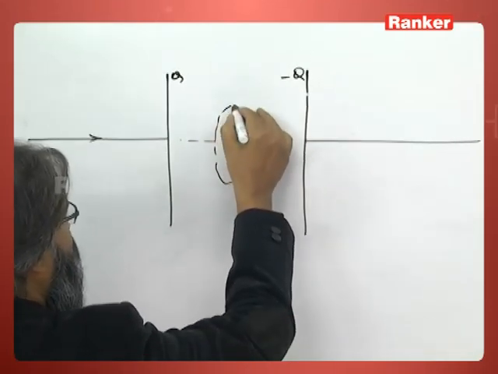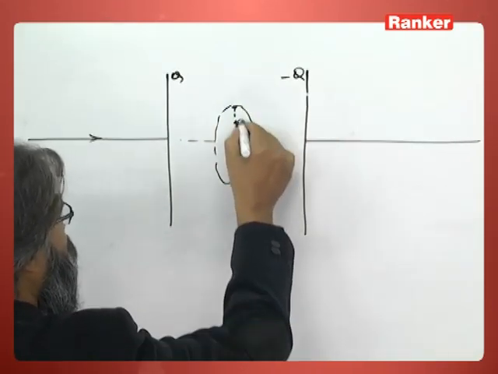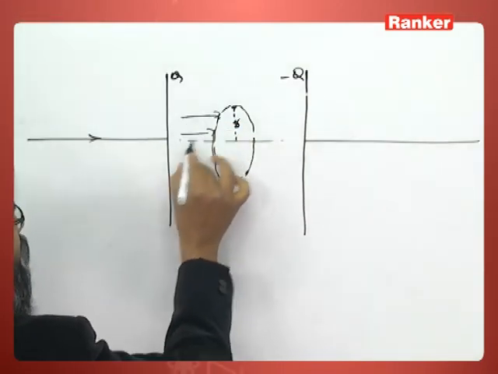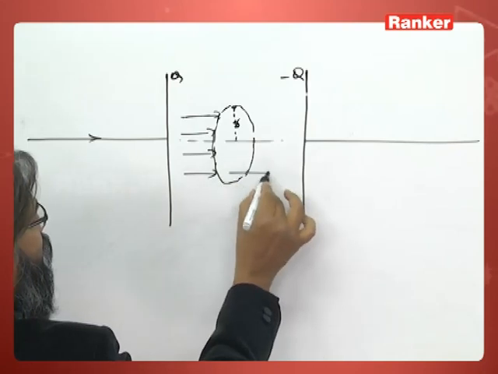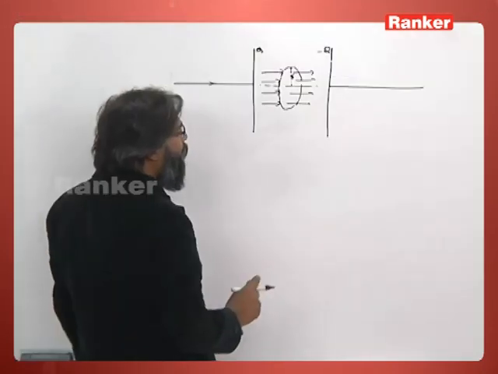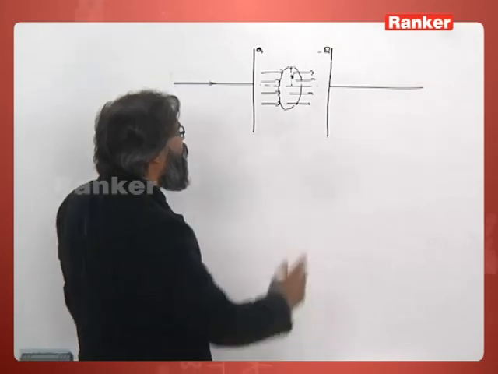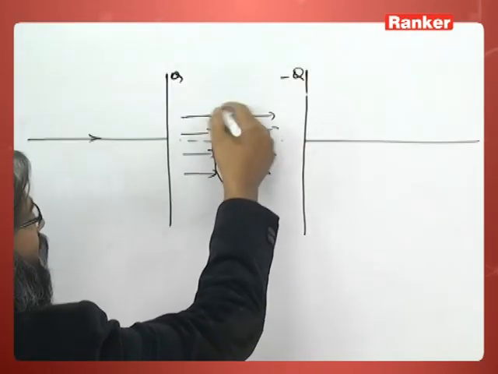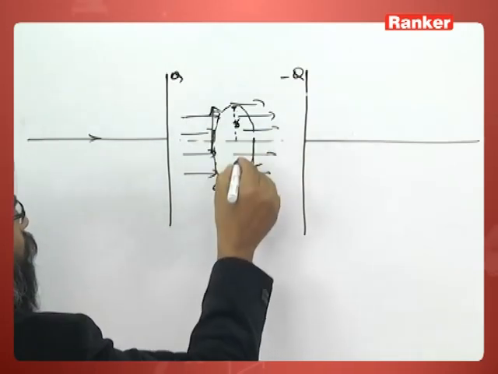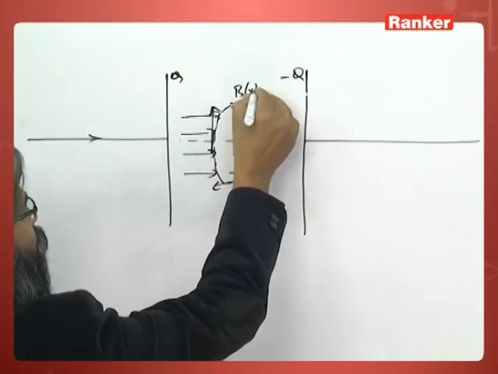So, I have taken an Amperian loop. Electric fields cross this boundary. This is r, and we will calculate what is B, maybe in this direction. Suppose I say it is B like this. So, we are interested in B as a function of r.